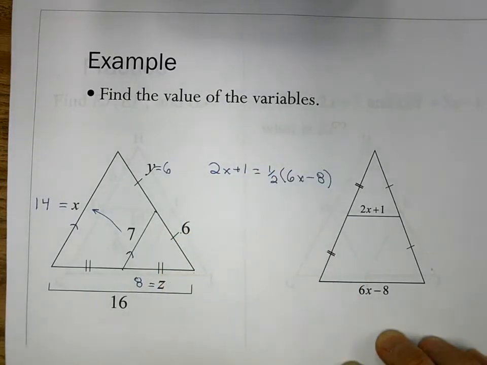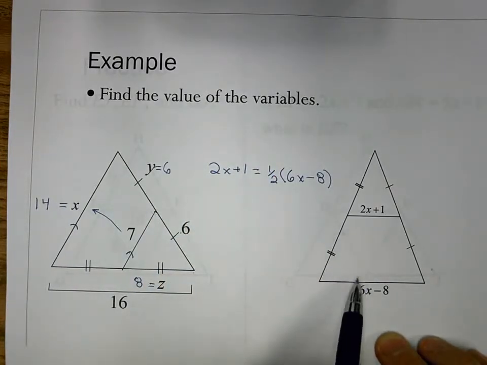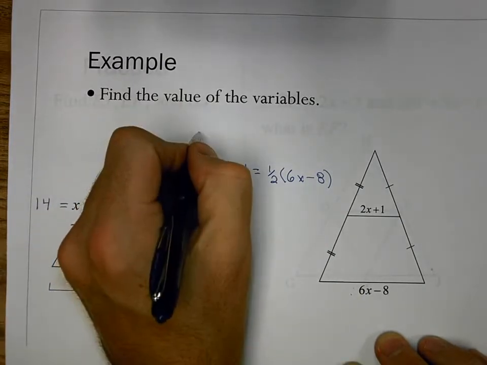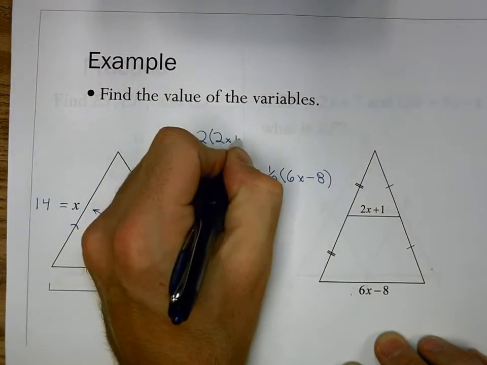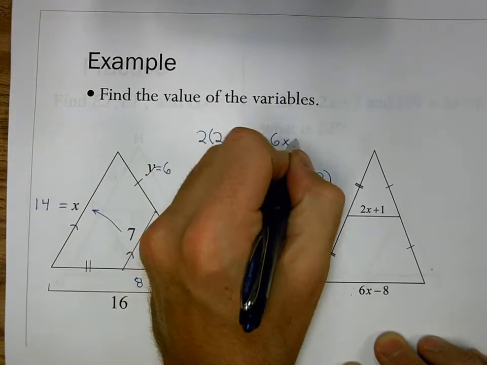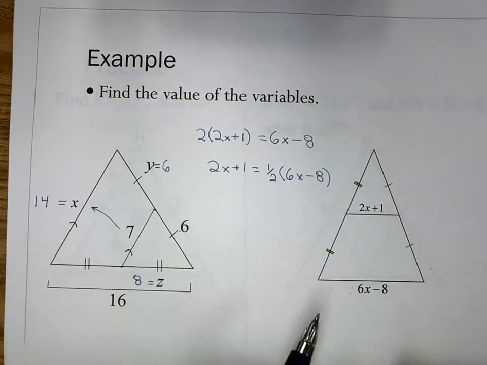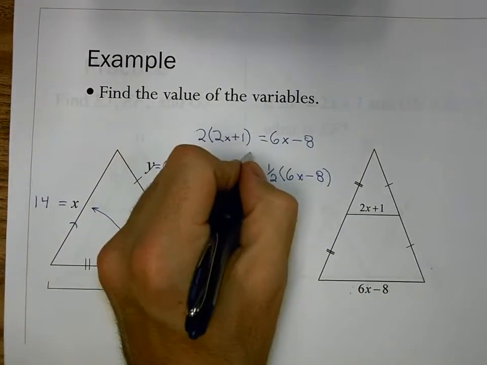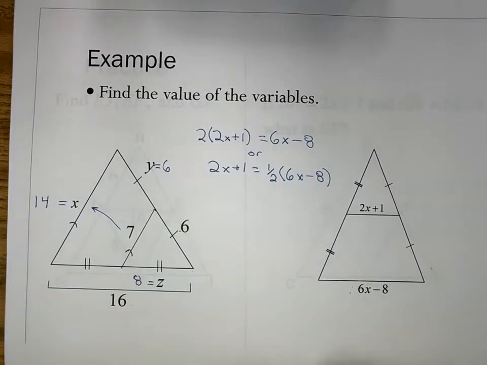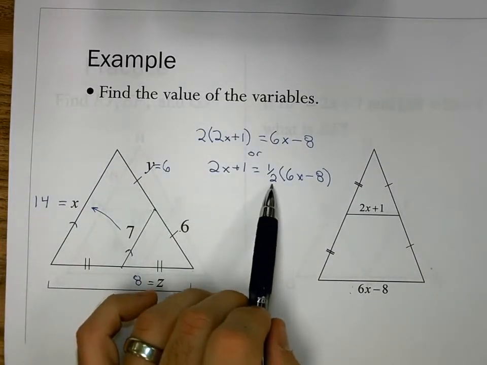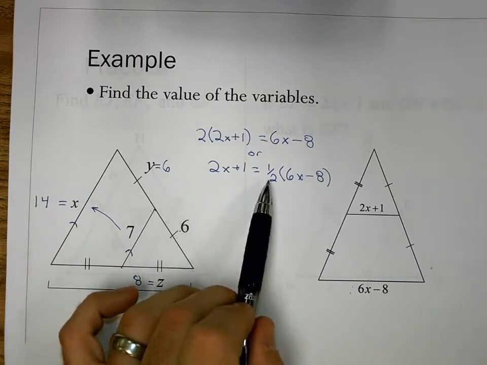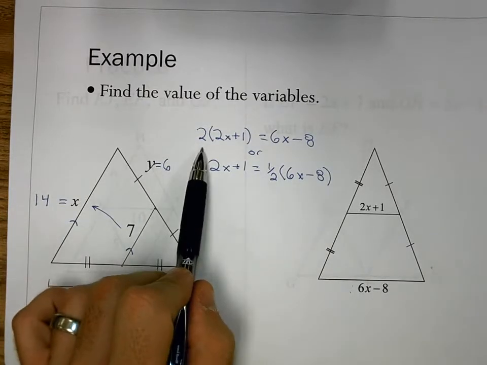And if we don't like fractions, we also know we could double this side to get the whole side. So that would be 2 times 2x plus 1 equals 6x minus 8. Now, looking at these two, either one we use to solve, it doesn't matter. If I had this 1/2 and wanted to move it to the other side, I'd multiply both sides by 2, and it would look like our top one.